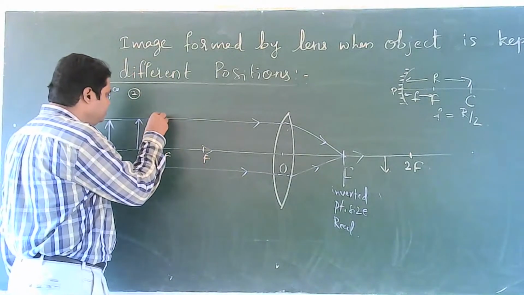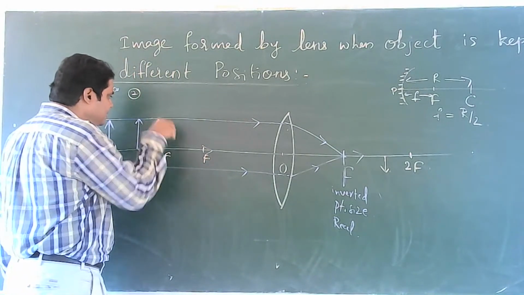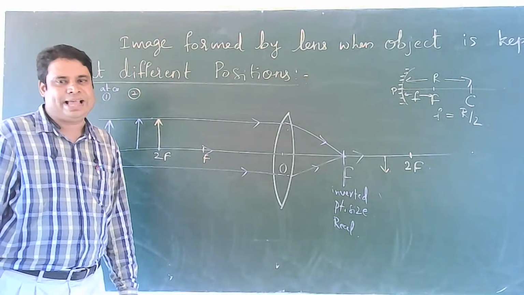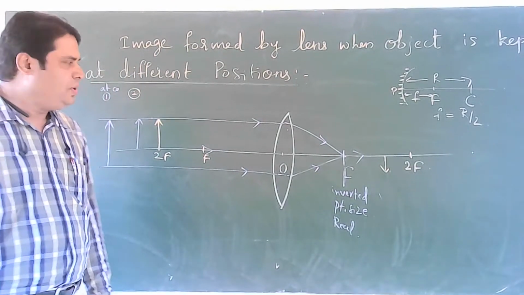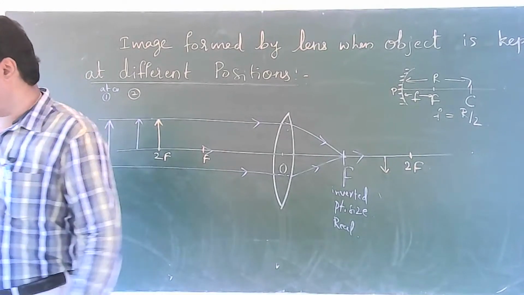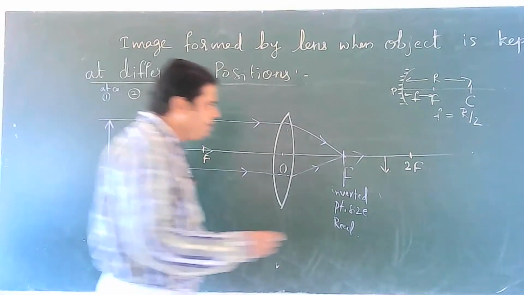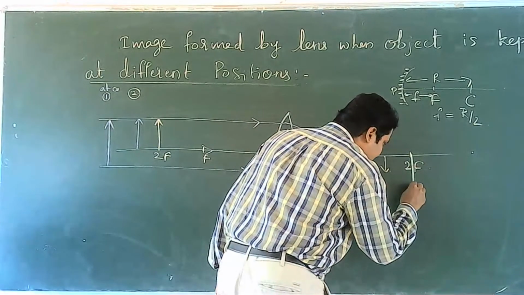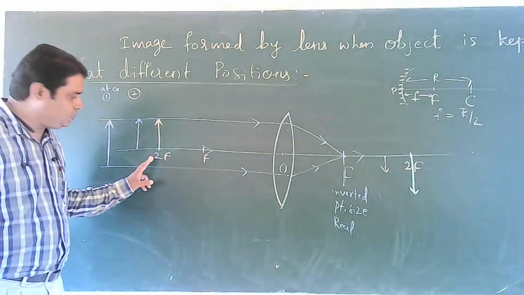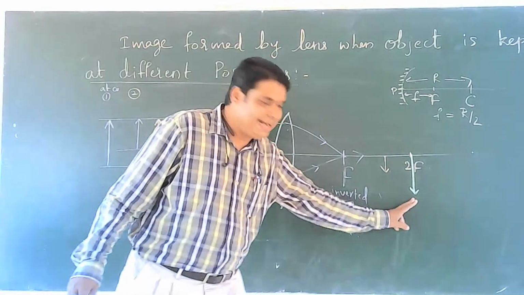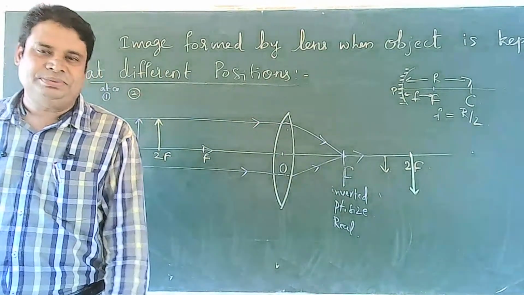Now, let us consider the object exactly at 2F. When the object is exactly at 2F, your image is formed exactly at 2F. What is the nature?